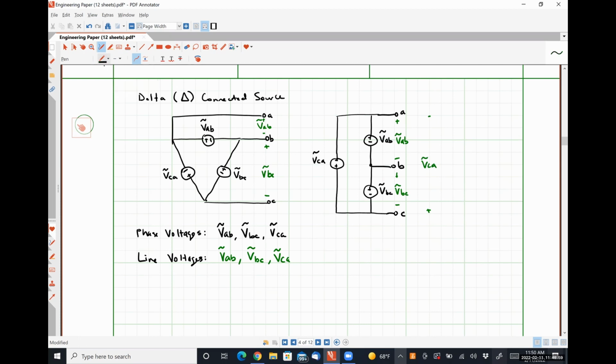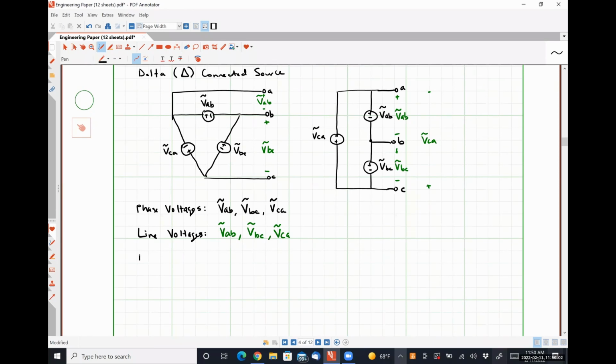All right, and then our last quantities of interest will be our phase currents, where again, I'm adopting the convention that phase currents are flowing from point of high potential to the point of low potential. And so that means we're going to have this guy, which will be IAB, this guy, which will be IBC, finally this guy, which will be ICA.